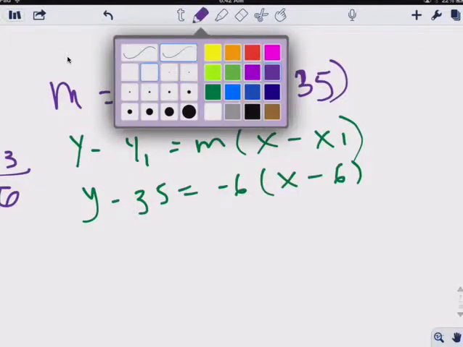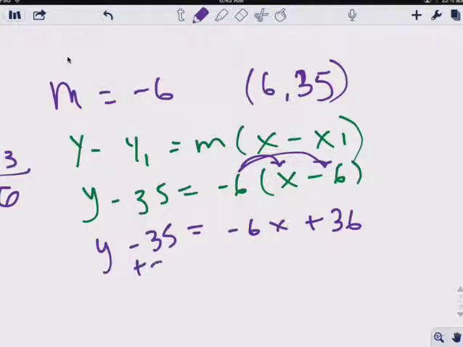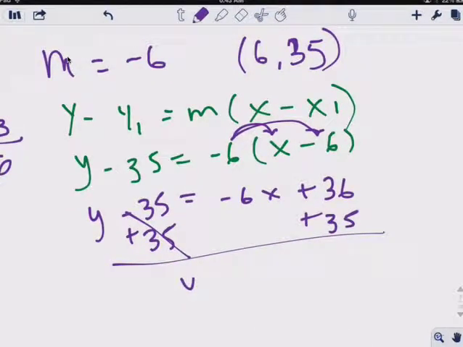Okay, it gives you negative 6x plus 36 equals y minus 35, add 35, add 35, y equals negative 6x plus 71.